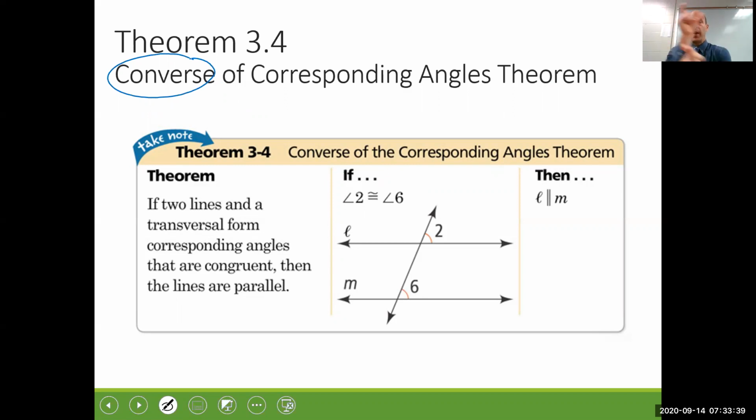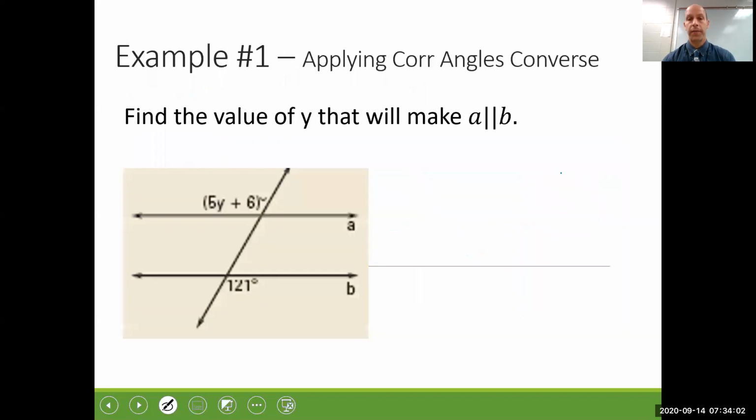Here we're flipping those around. If angle 1 and angle 2 and angle 6, for example, are congruent, then we can conclude the lines are parallel. So we've switched these two around.